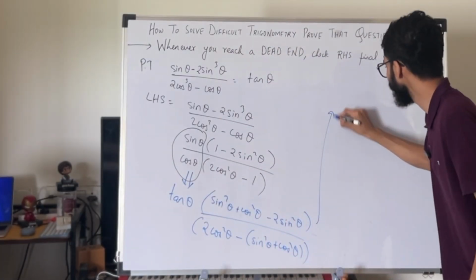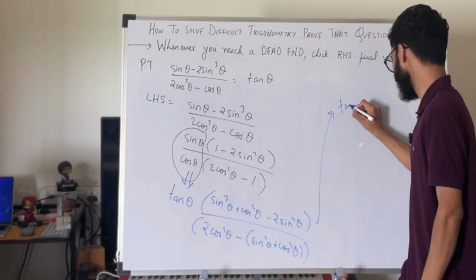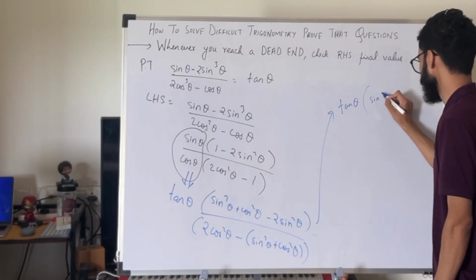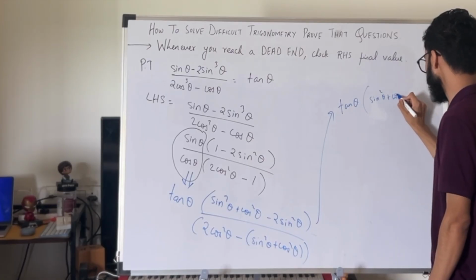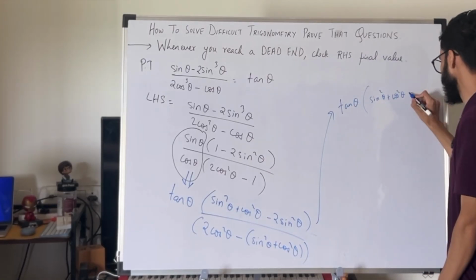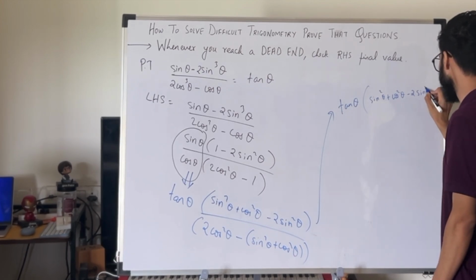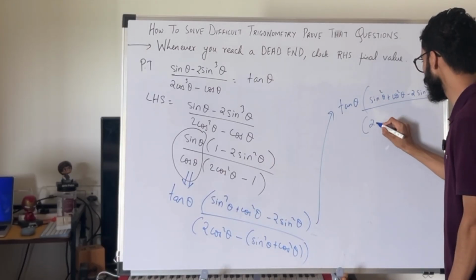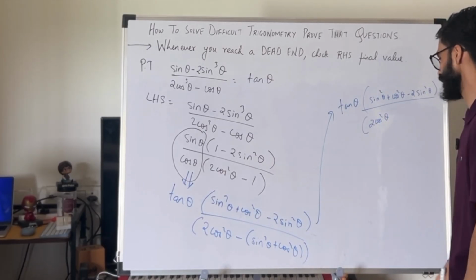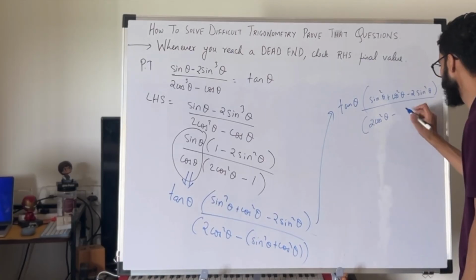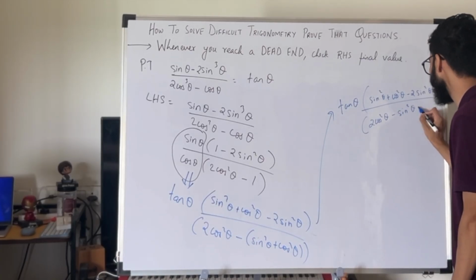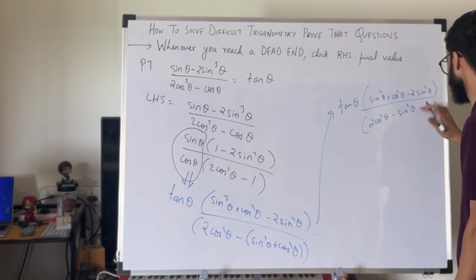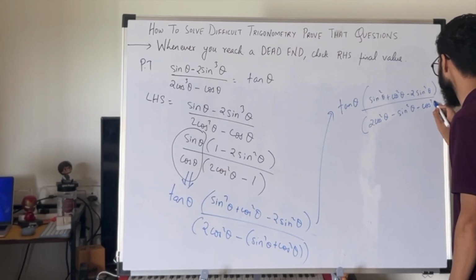Now if I adjust this here, I am getting tan theta in bracket sin square theta plus cos square theta minus 2 sin square theta upon 2 cos square theta minus sin square theta, not plus, minus cos square theta.